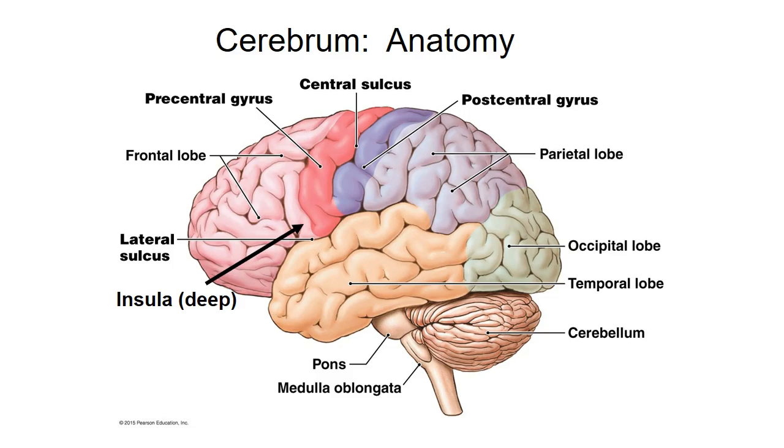The lobe that is going to be underneath or around the temporal bone is called the temporal lobe. That's separated from the parietal and the frontal lobe by this sulcus called the lateral sulcus.